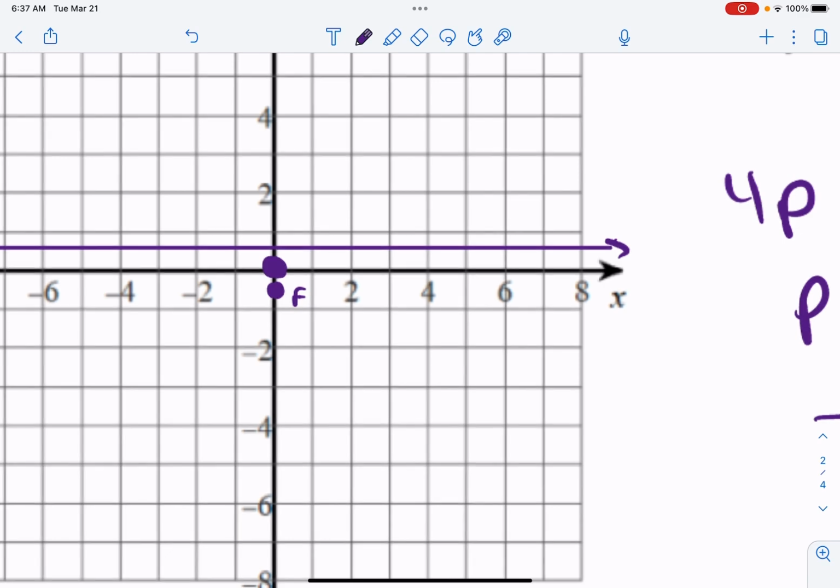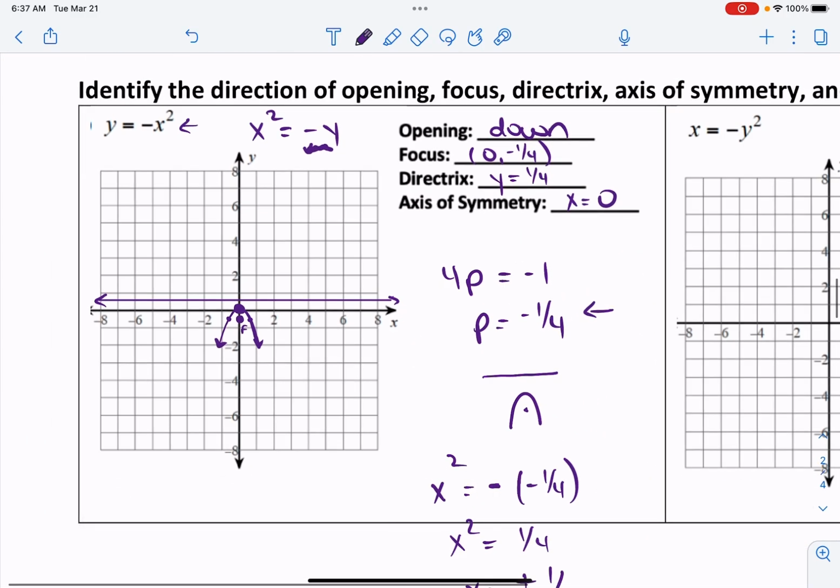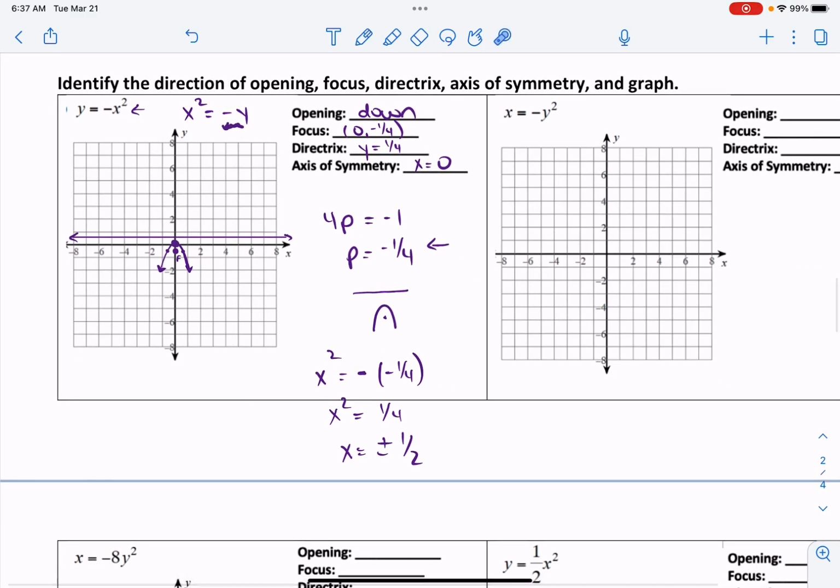So notice that when you graph it, it's going to be at 1/2, -1/4, and then the other one, let me move the focus from here so I can graph the other one, right about here, and there's your parabola. So you do need to get those 2 points right next to the focus. It's just plugging in that y value.